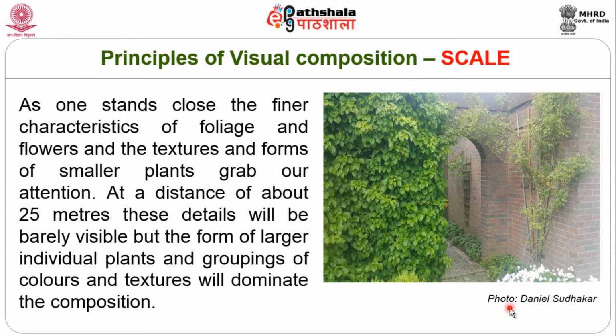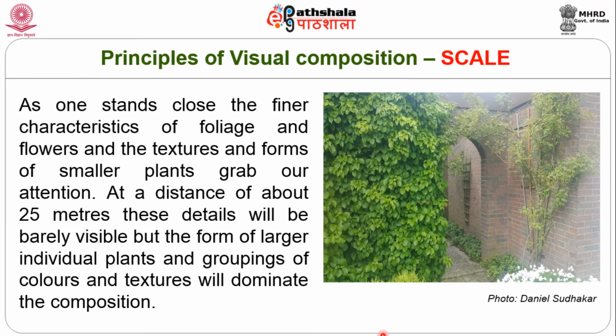As one stands very close, you could see the finer characteristics of foliage and textures. So why am I saying that? It is about how the human perceives at distances. At a distance of 25 meters, these details will be barely visible. One cannot feel the textural qualities of the leaves.